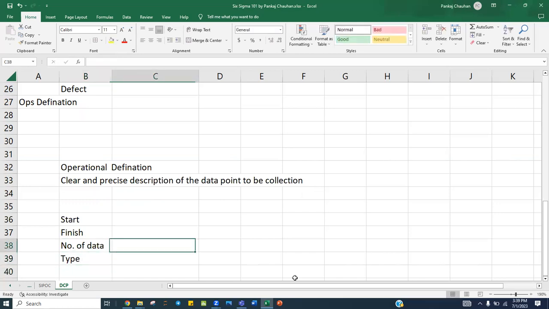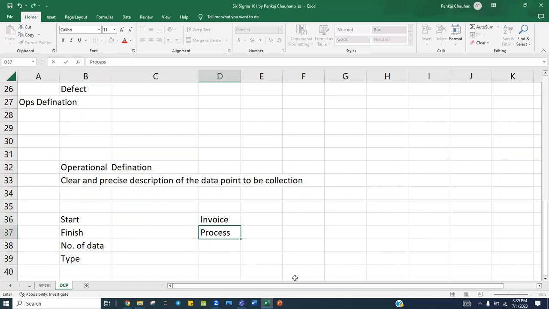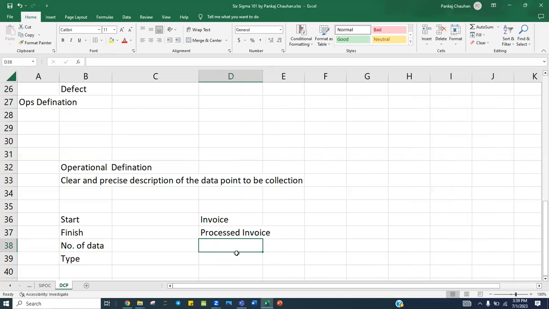Suppose I say you have to collect the data for the invoices, or in the second case I tell you to collect the data only for processed invoices. There is a difference in both. Now I further classify: collect the data only for the processed invoices from Jan 1st to, let's say, March 31st. Are you more clear?